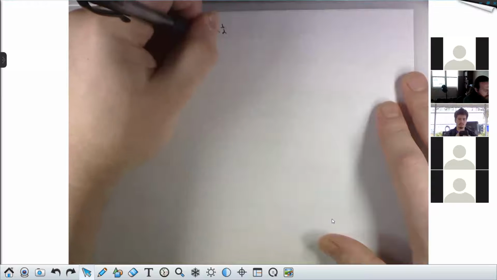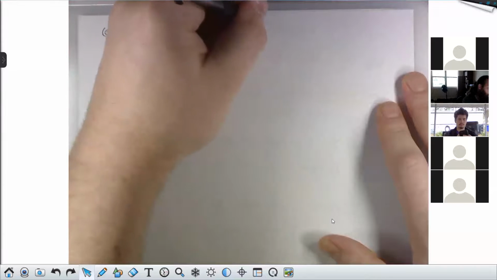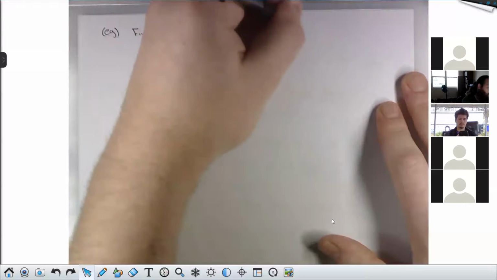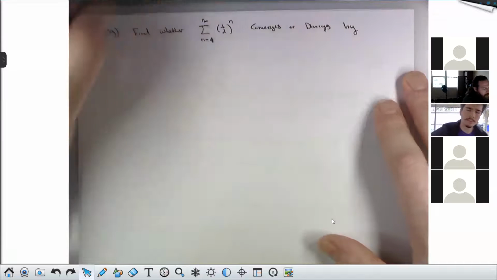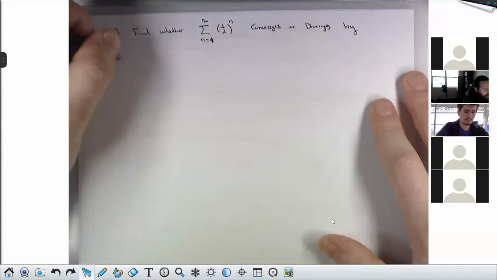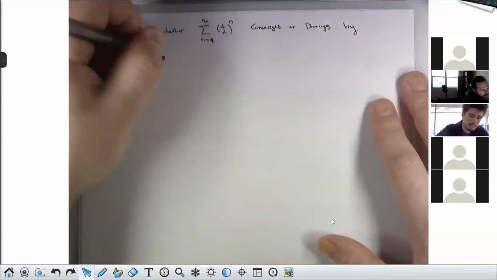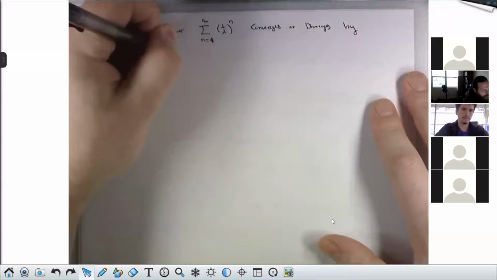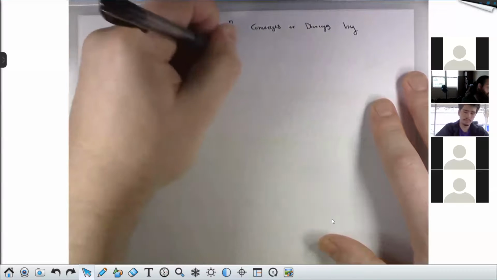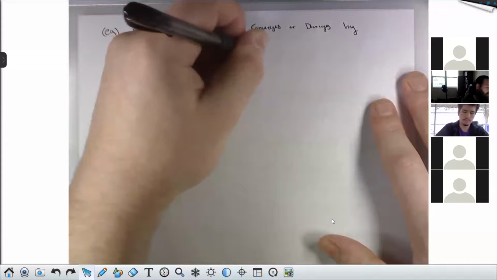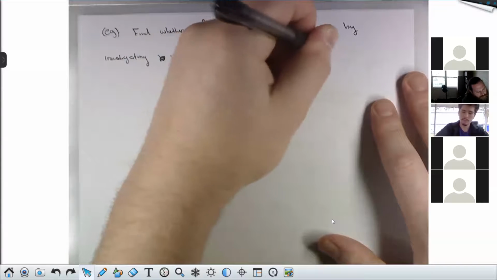So let me start it at 1. The sum from n equals 1 to infinity of 1/2 to the n converges or diverges by investigating its sequence of partial sums, S_n.